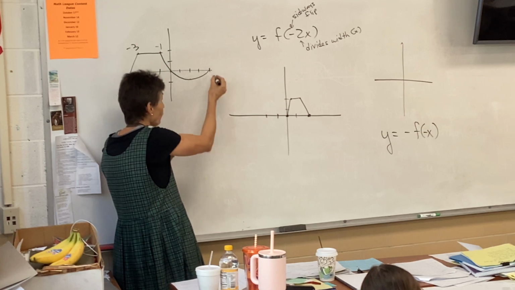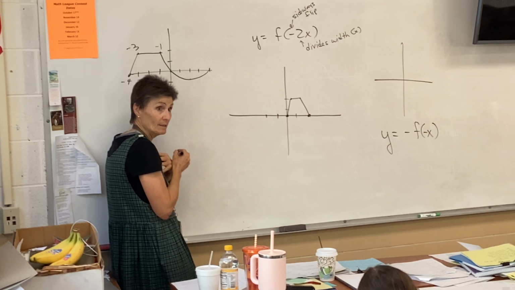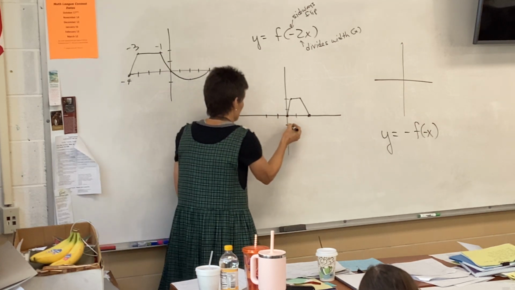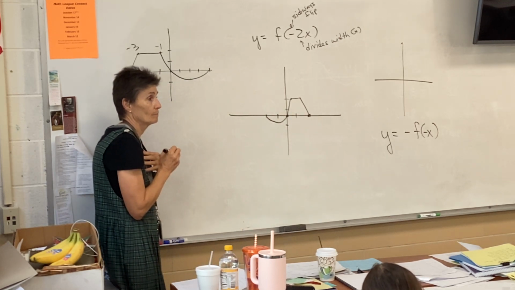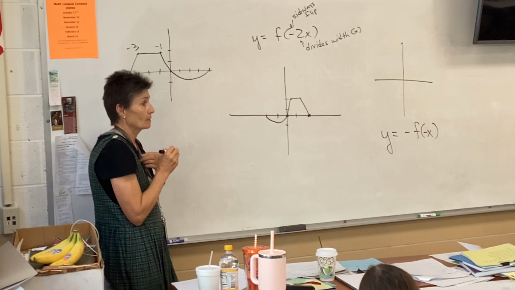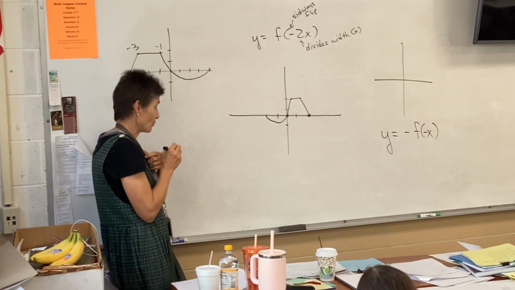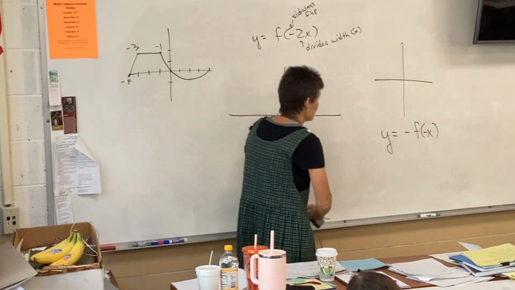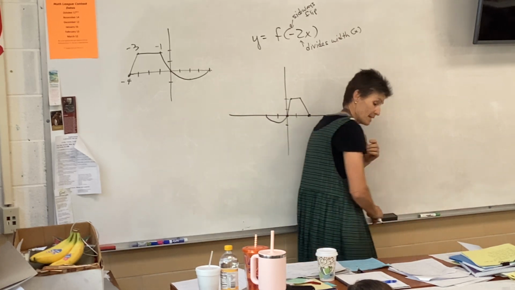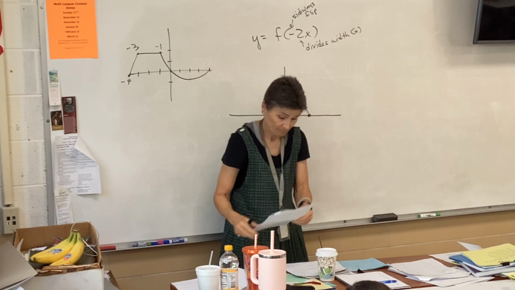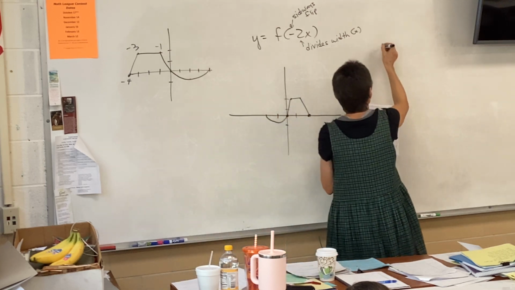And instead of being 4 across, it's only going to be 2. There you go. You can do it point by point if you want, or you can just understand what the numbers do and then sketch it that way, if you wish.